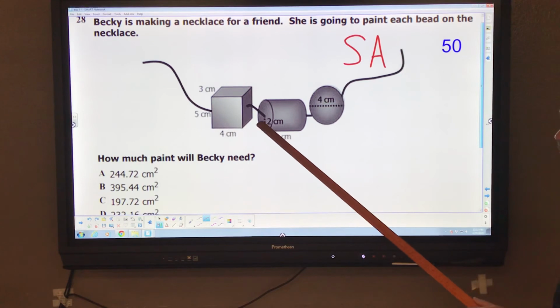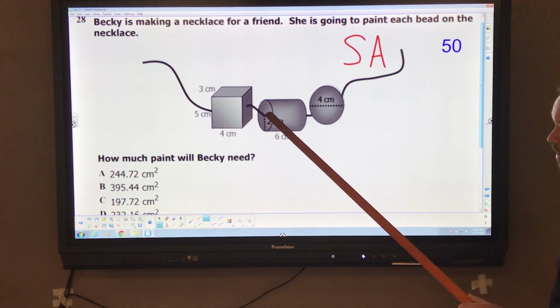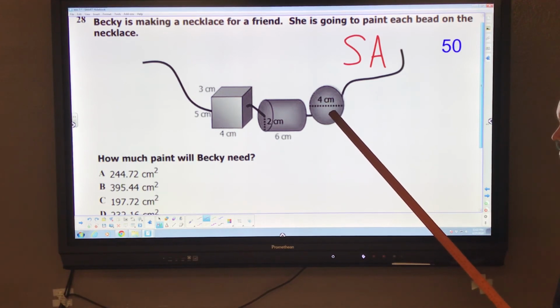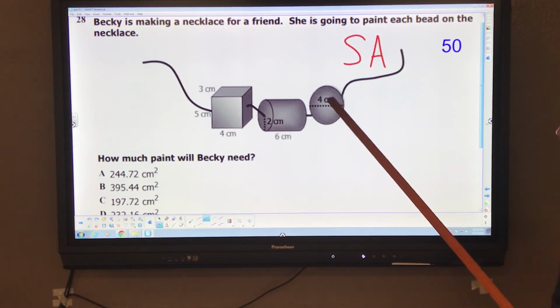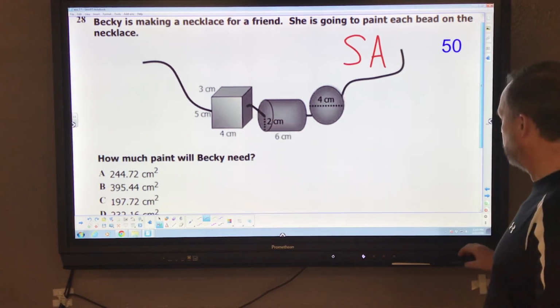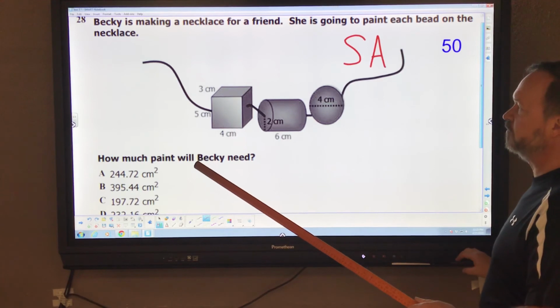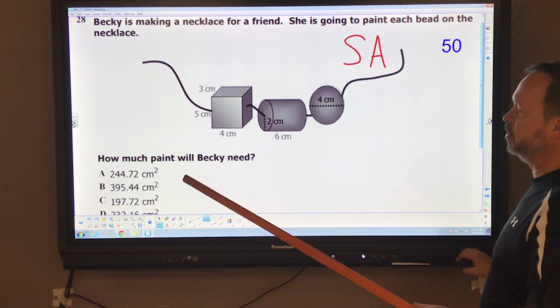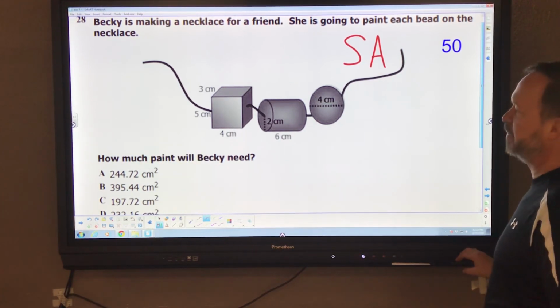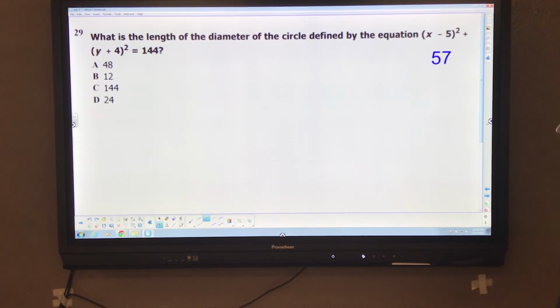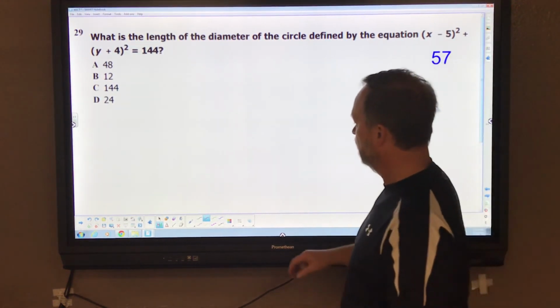Be sure you note that here in this case the radius is 2, and in this case the radius is 2. So you do each of those independently and then add them together to find the total surface area for Becky to paint, and then you'll be able to see that's how much paint she needs to cover that much surface area.